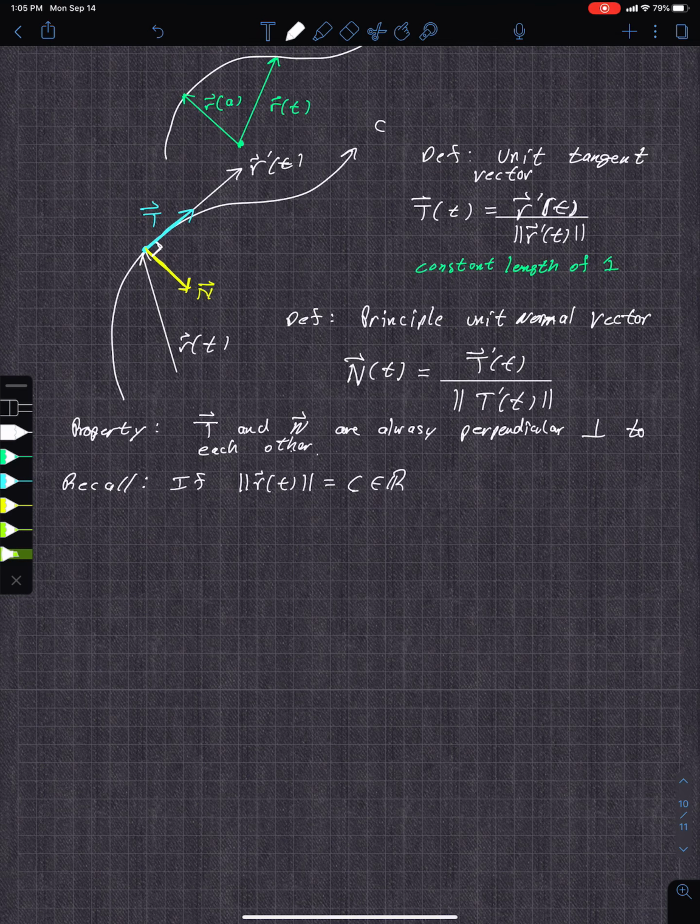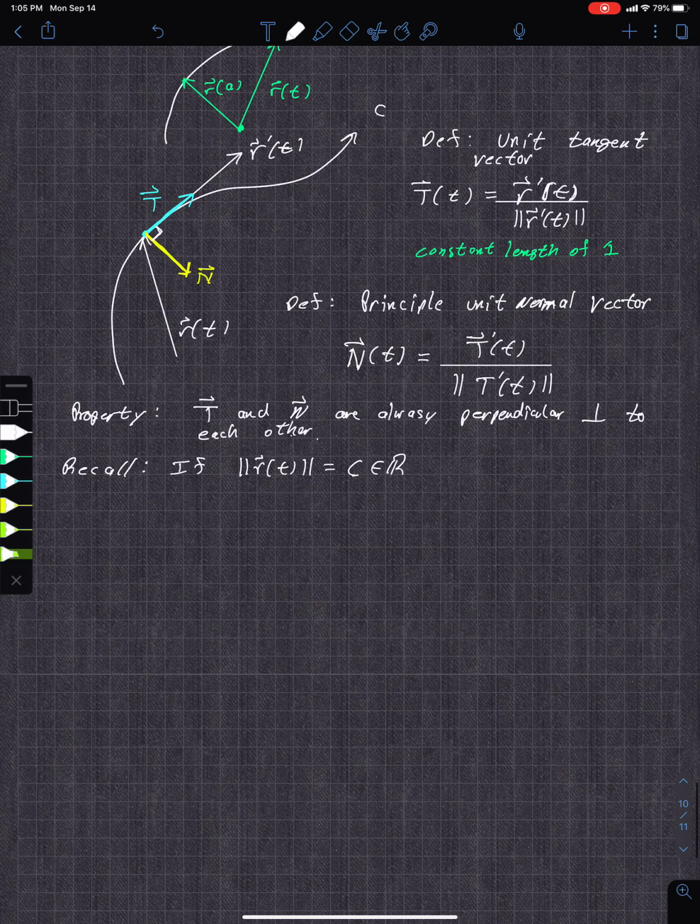But if it is constant, then you get this result. This is something we had already done, I'm just rewriting it. Then r prime is orthogonal to r of t for all t.